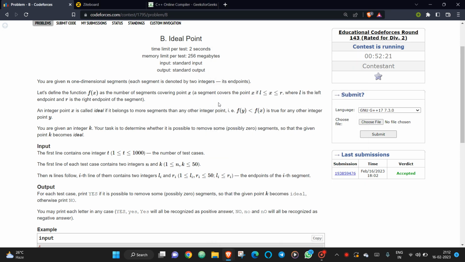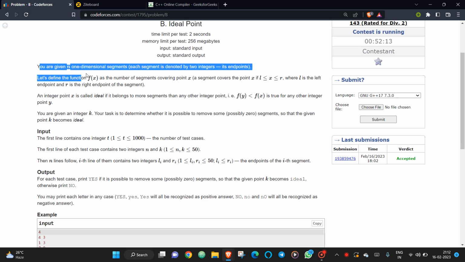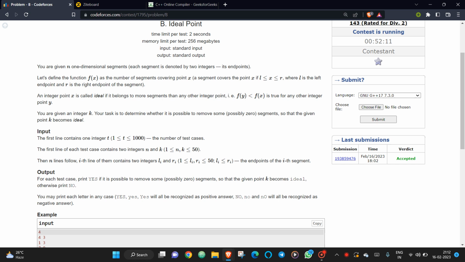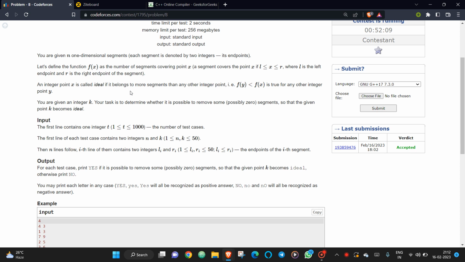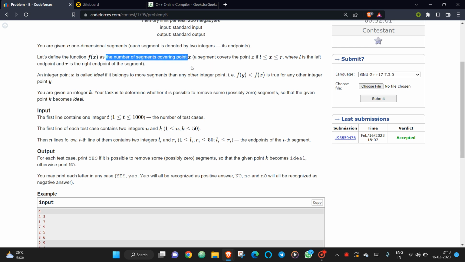This is the Codeforces P problem, Ideal Point. So what the problem statement is: initially you are given n one-dimensional segments. Let's define the function f of x as the number of segments that are covering point x.